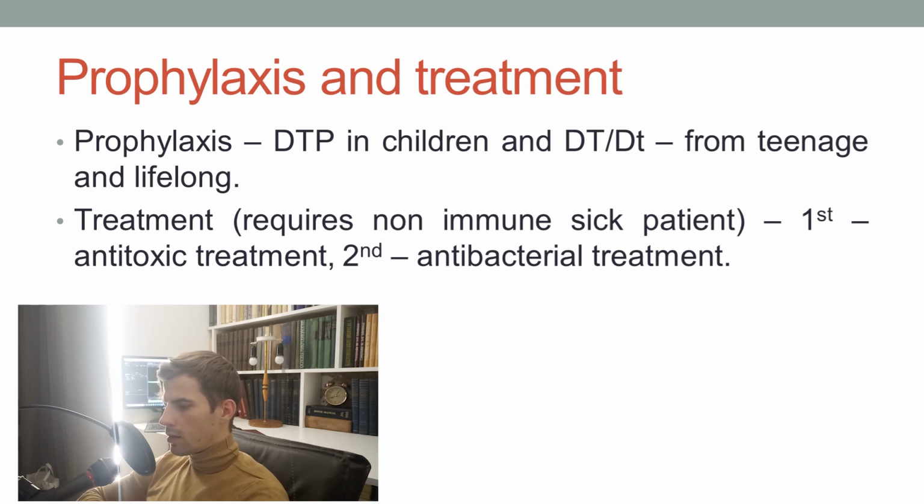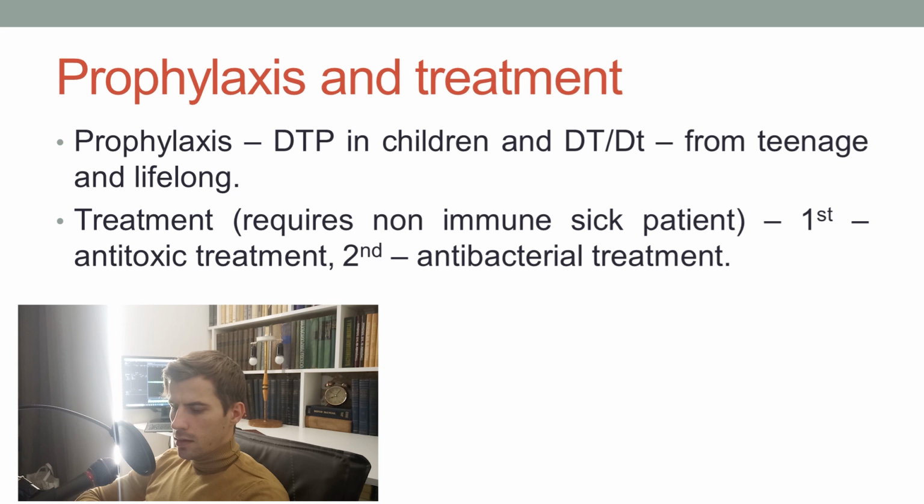DTP means it is a triple vaccine against diphtheria, tetanus, and pertussis, the last one being whooping cough. We'll talk about it later. And from the teenage years and during the entire life, every 5 to 10 years, the DT vaccine against diphtheria and tetanus is applied.